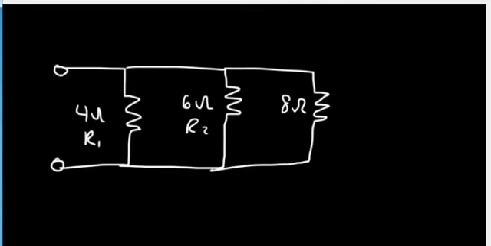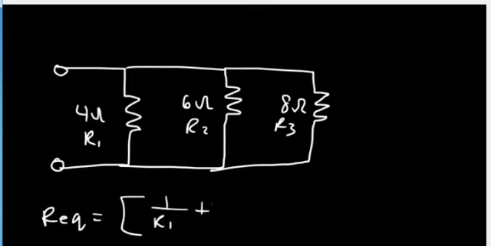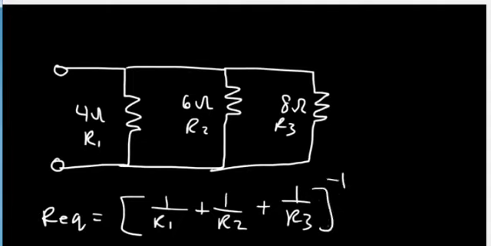1 divided by R equivalent is equal to 1 divided by R1 plus 1 divided by R2 plus 1 divided by R3. 1 by 4 plus 1 by 6 plus 1 by 8, inverse.